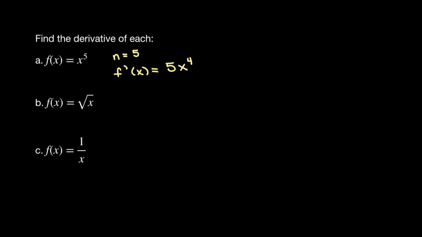Now, we can also use the power rule on radicals and on reciprocal functions. So for example, if I have the function square root of x, we can rewrite that as x to the 1/2. And now we can apply that power rule. The n is 1/2.